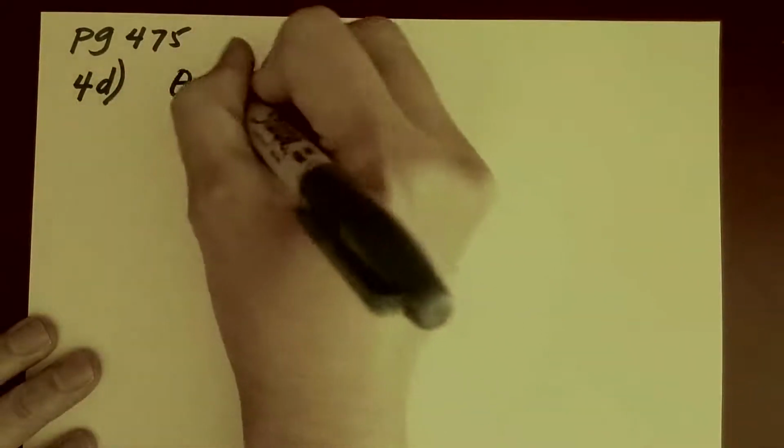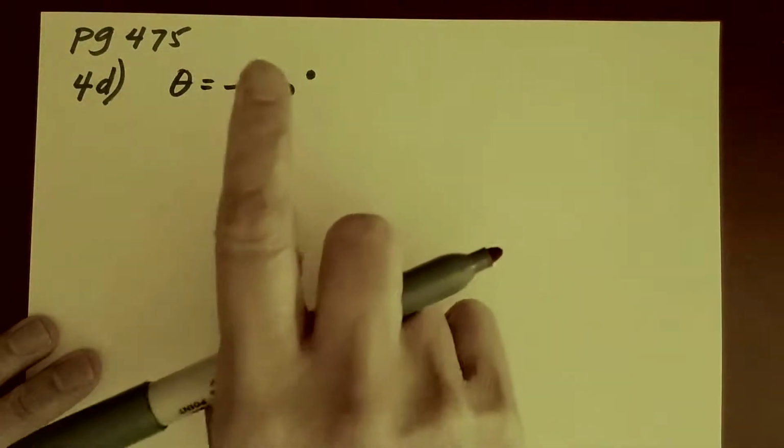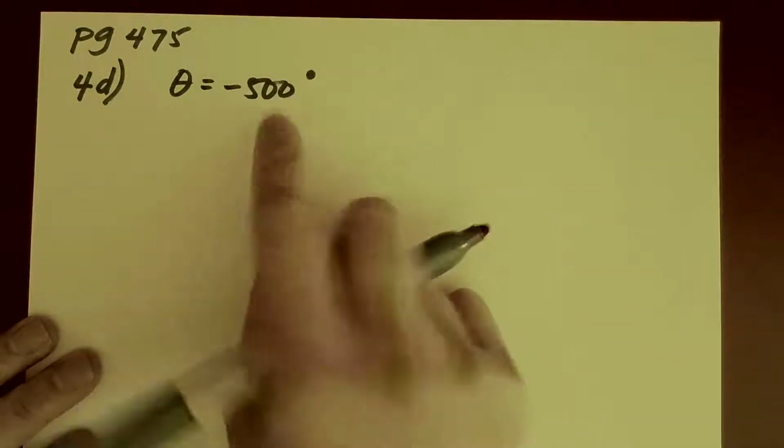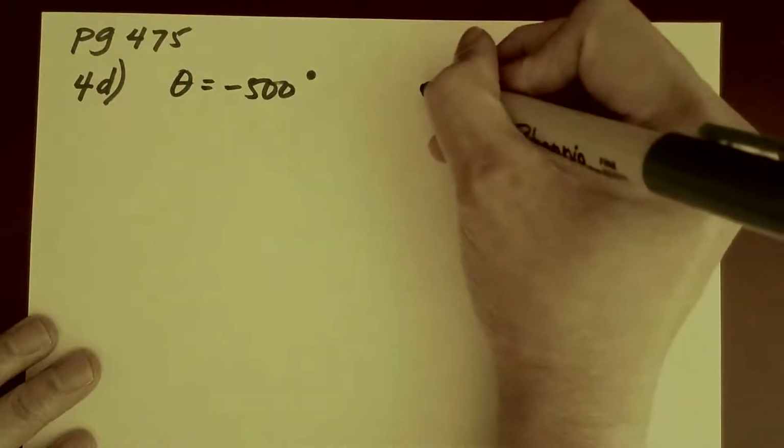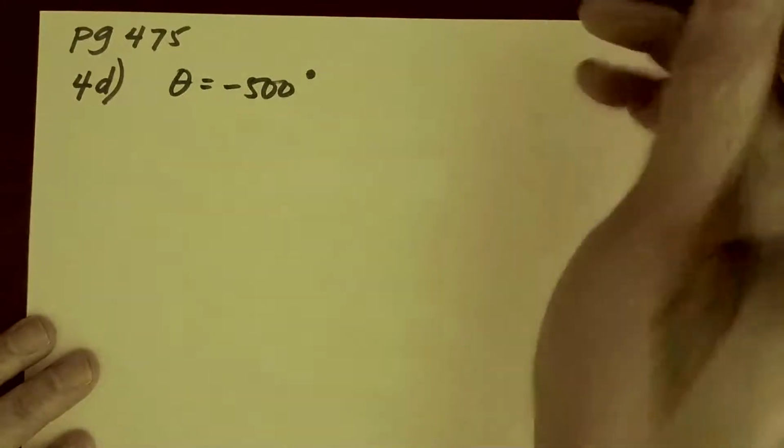This is on page 475, question 4D. 4D says our theta is negative 500 degrees. What we're going to do is sketch that, figure out where that is, and also find the reference angle theta r. So our job is to sketch and find theta r.